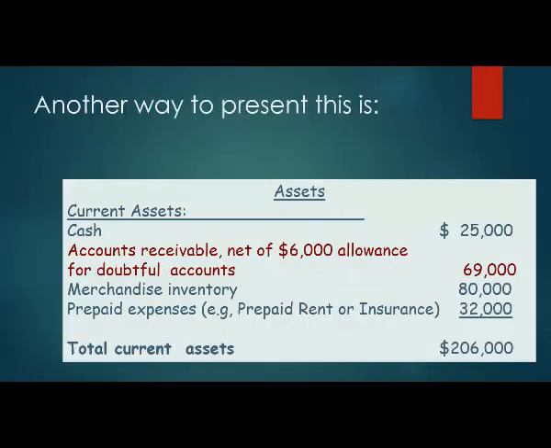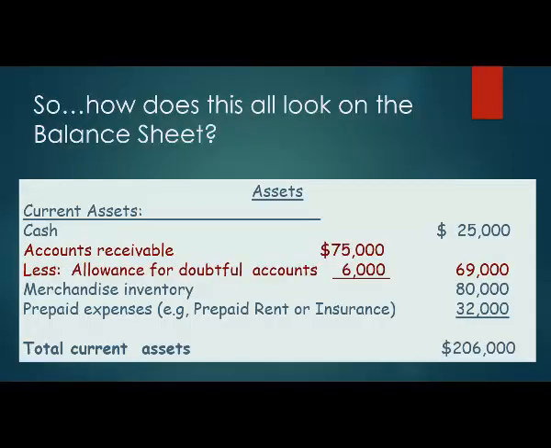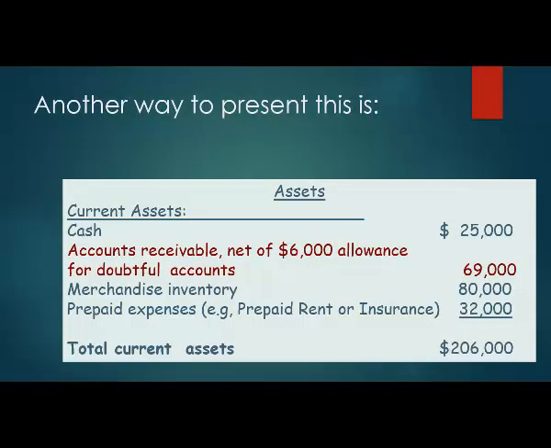Accounts receivable, net of $6,000 allowance for doubtful accounts, $69,000. So if I showed it to you this way, I could ask you, what is the gross amount of accounts receivable? And you would take the $69,000 plus the allowance to get to the gross amount, $75,000. While on the previous page, we showed that calculation. Here we're just showing the net amount.